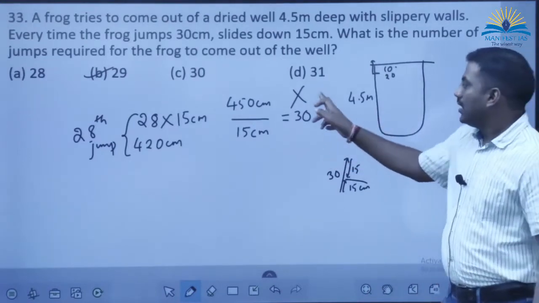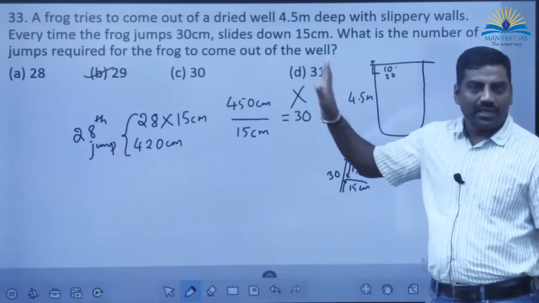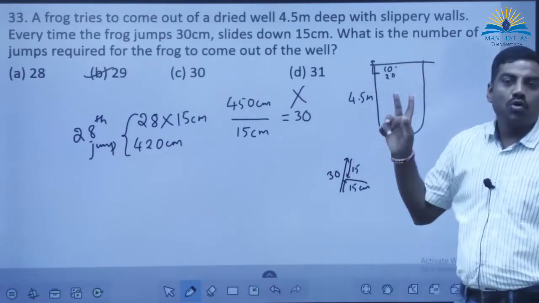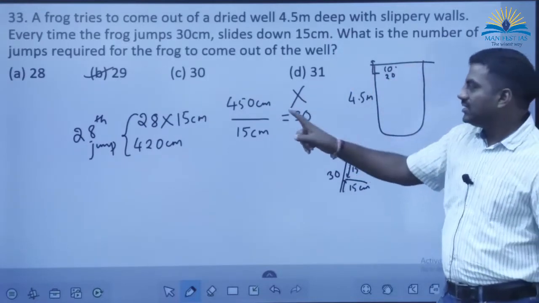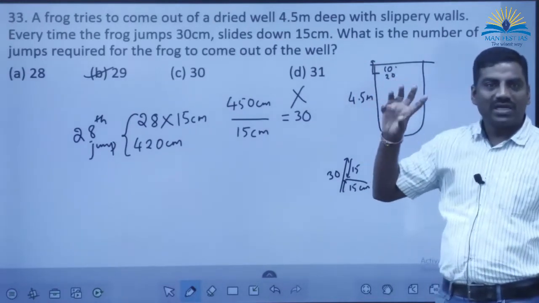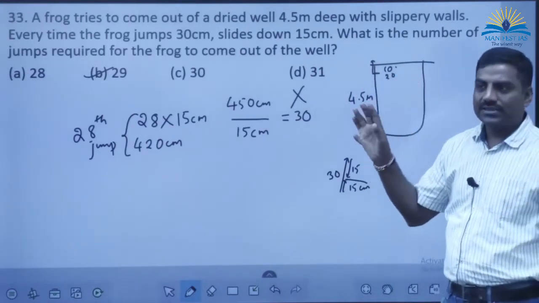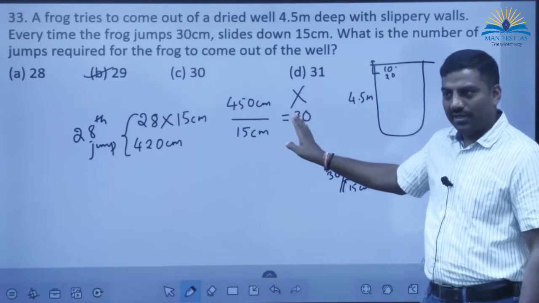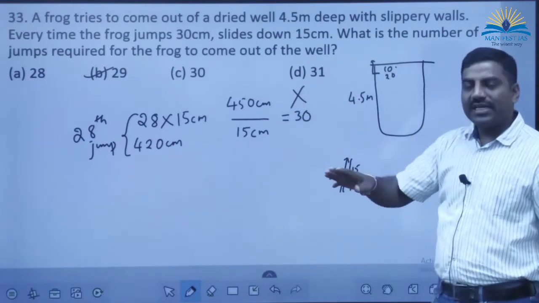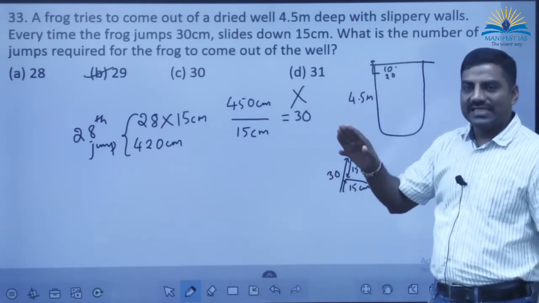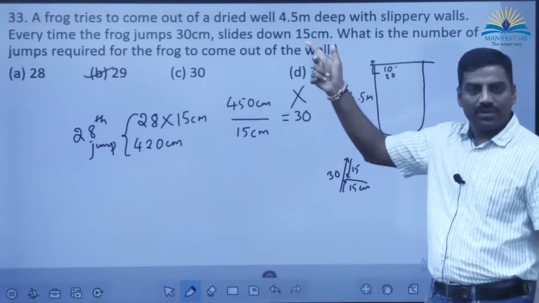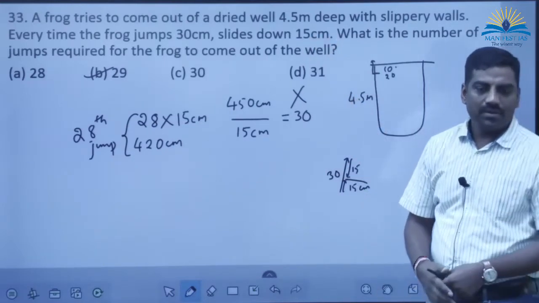Simple. Calculate the mathematical answer, go two steps back and check practically what exactly is the scene. So in this case, 30 is the mathematical answer, but check the 28th step, where exactly is it? In the 29th step, it will cross. Okay.